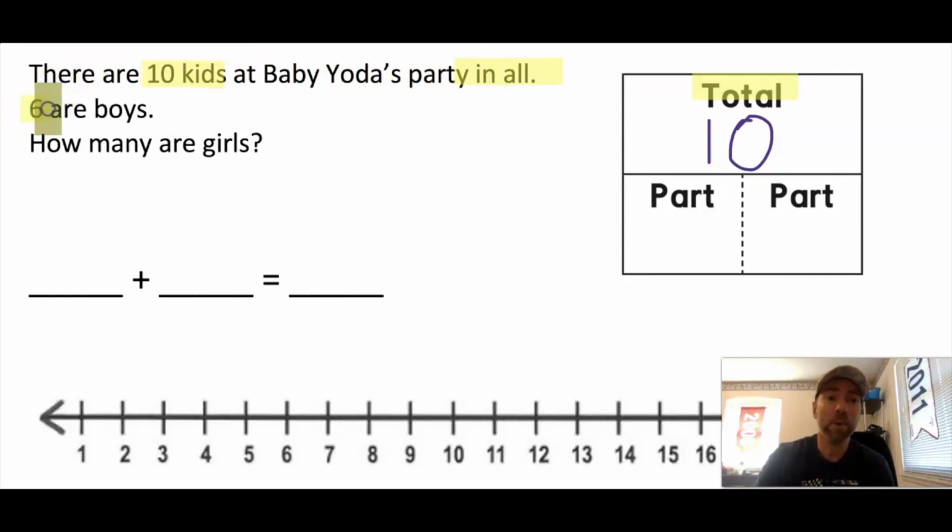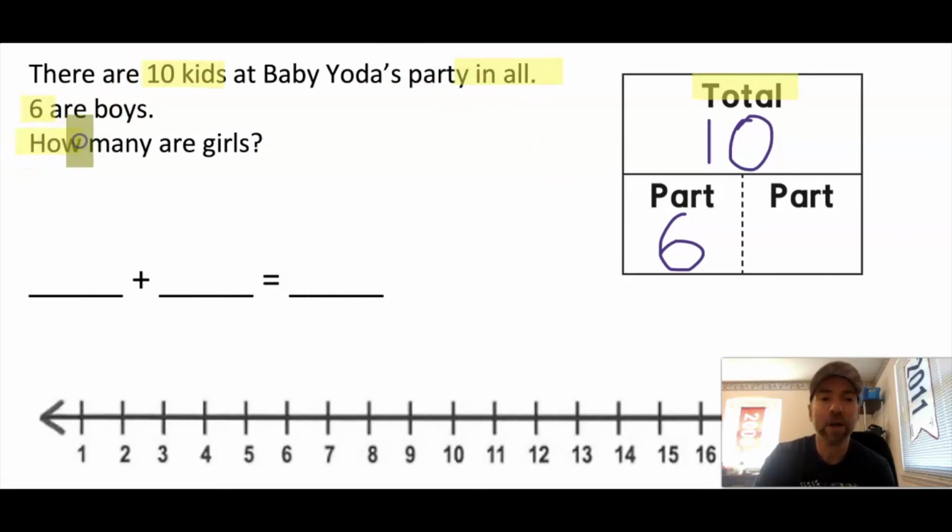There are 10 kids at Baby Yoda's party in all. 6 are boys. Well, that's one of our parts. Where are we going to put that 6? Go ahead and write it in your diagram. Did you put the 6 in the first part? Awesome job. And then we come to our question.